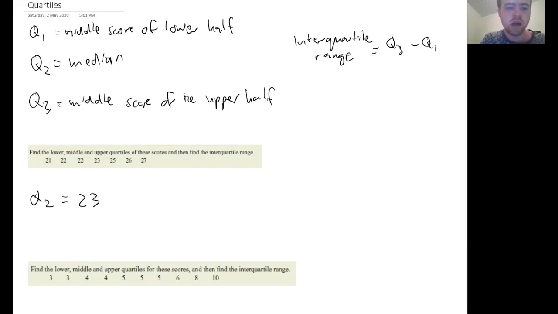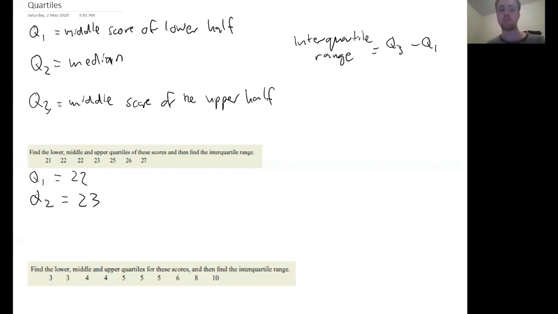We've got 21, 22, and 22 again, that are our lower half scores, and the middle score of that is going to be 22 as well. So Q1 is going to be 22.